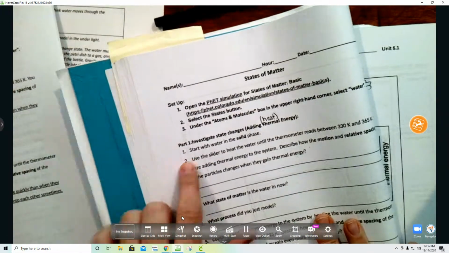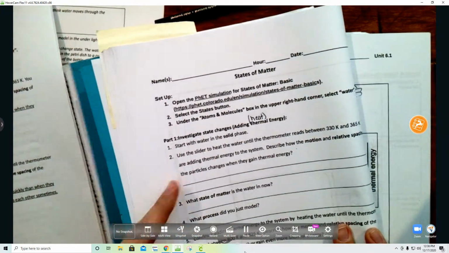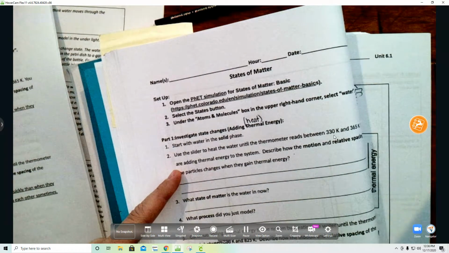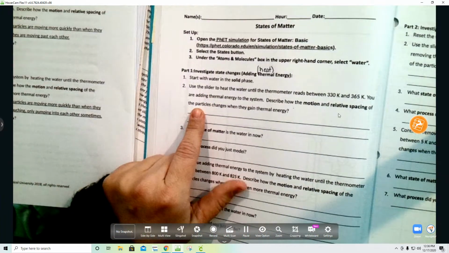It says to start with water in the solid phase, and using the slider, heat the water until the thermometer reads between 330K to 365K. K is the Kelvin scale.